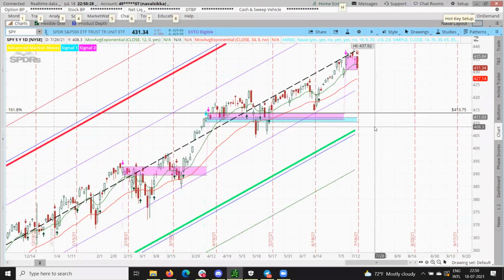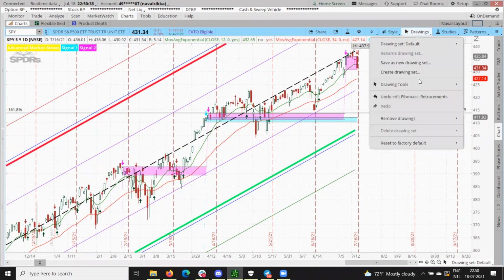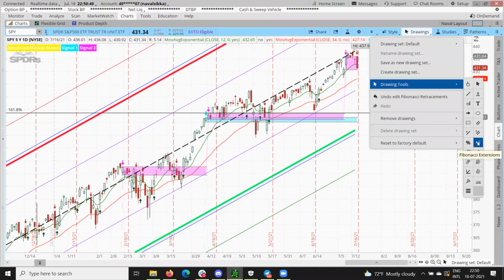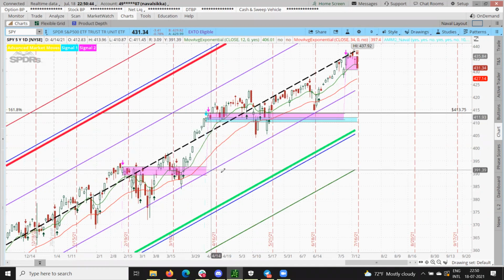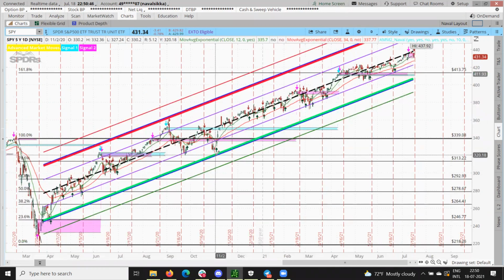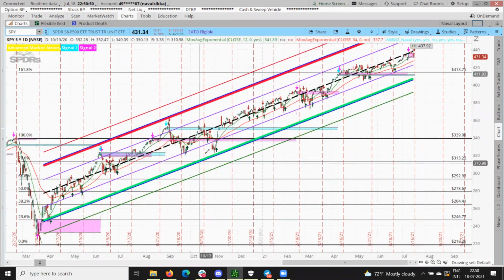What I do is, instead of looking at the yearly low, I would like to go back a quarter, maybe 6 months back, and try to create Fibonacci extensions. In this case, I pick up the lows in about 6 months or 3 months, whatever you like to have.